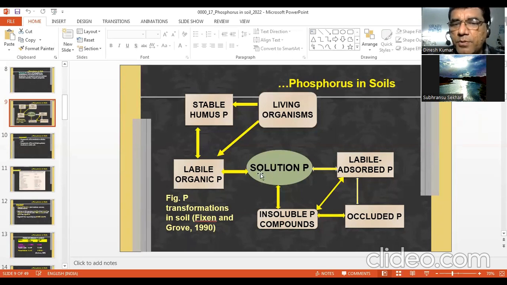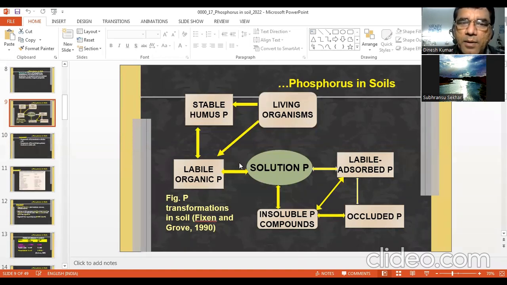Some of the solution phosphorus can become insoluble phosphorus compounds, or some insoluble phosphorus compounds can contribute to the soil solution, depending upon the condition of the soil. Labile adsorbed phosphorus is quickly available for the plant, but it can become occluded phosphorus.